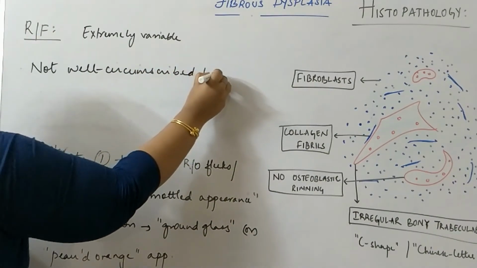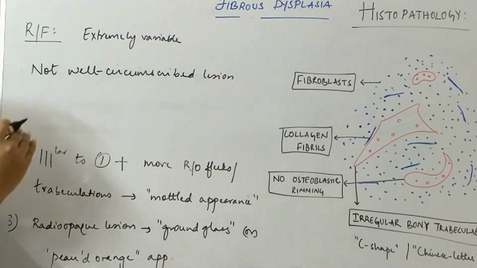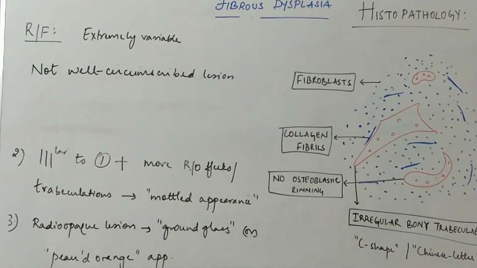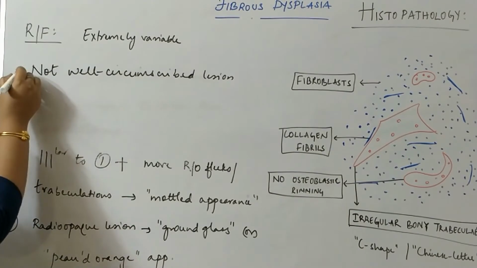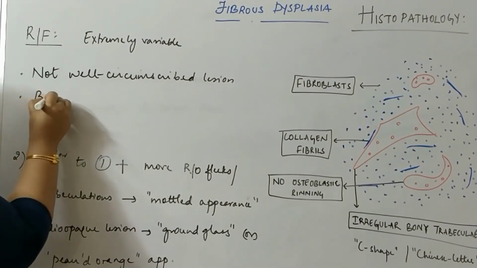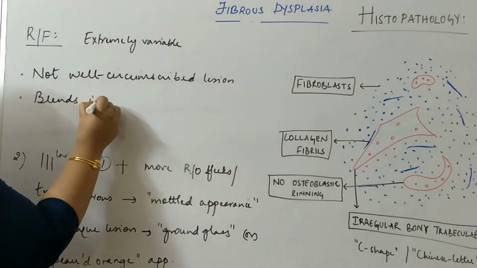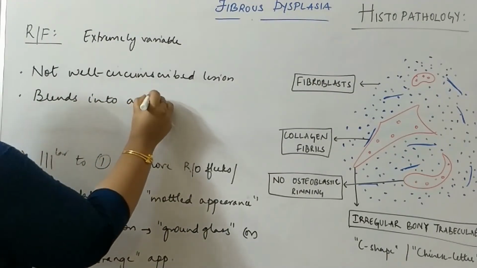When you see it in the radiograph, it will appear as if it is blending into the adjacent normal bone. That is again characteristic.